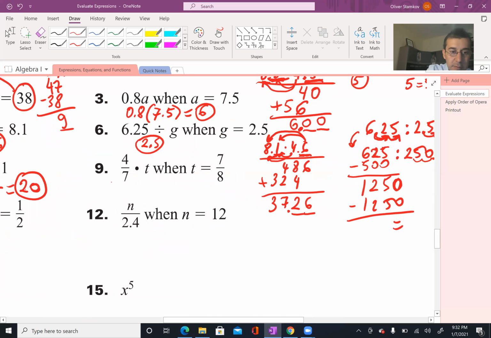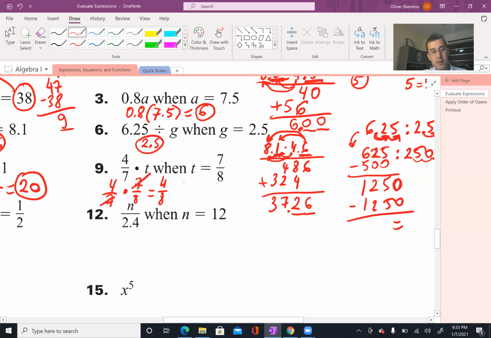Okay. Number 9, 4/7 times t, where t is 7/8. When you're multiplying fractions, and you have the same number in a numerator and a denominator, those cancel out. So in this case, 7 will cancel out with 7. And then this is 4/8. Now we simplify the fraction.